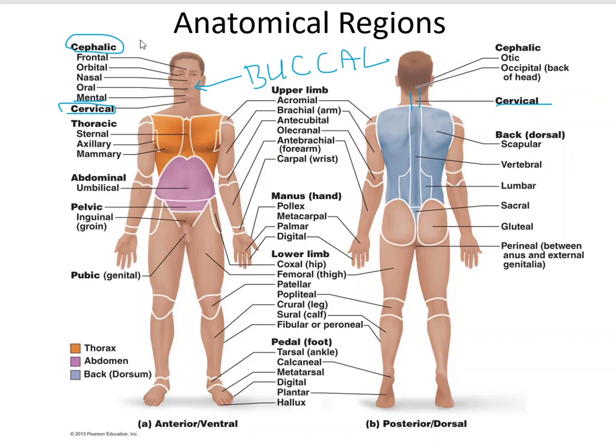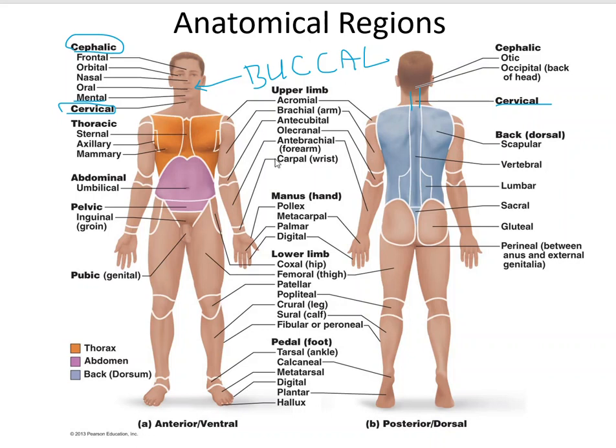Cephalic and cranial are kind of interchangeable, guys. You can use either one of those. And we actually don't have cephalic on the lab list, so, well, we do. It's kind of the overarching region. But cranial is kind of going to be the skull, which for our purposes is basically the whole head.